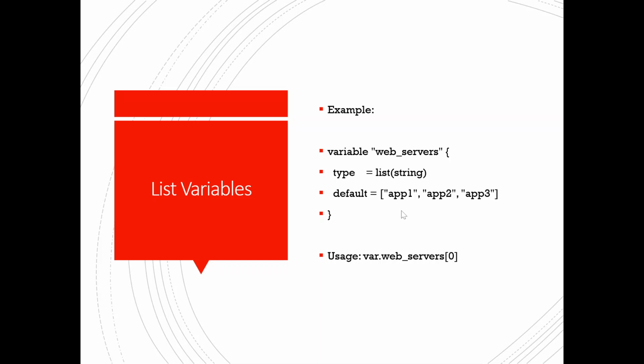So app1 is var.web_server with the index 0, and app2 is var.web_server with 1 inside the square brackets. Lists are perfect when you are creating multiple similar resources like multiple EC2 servers or subnets.